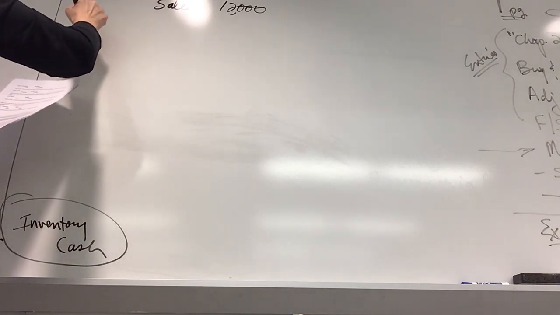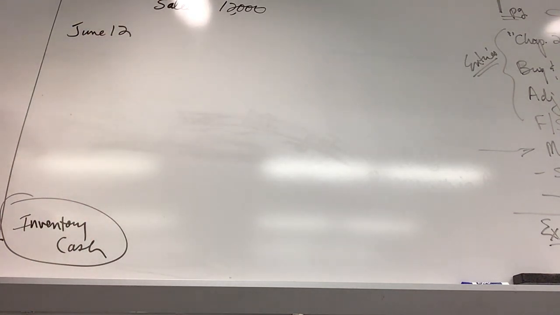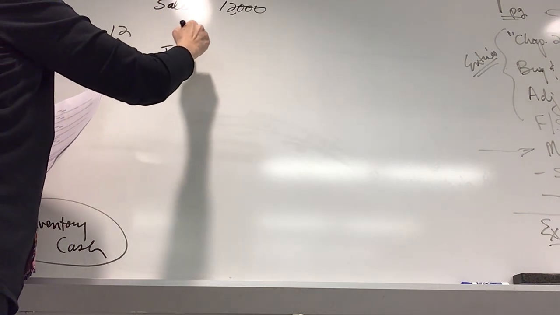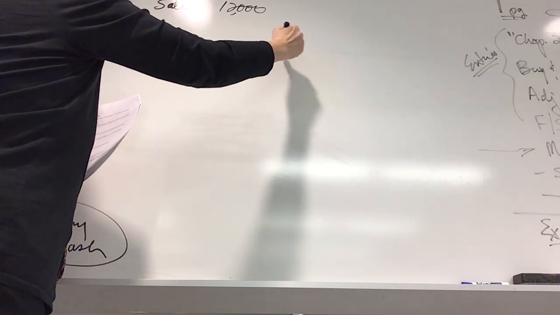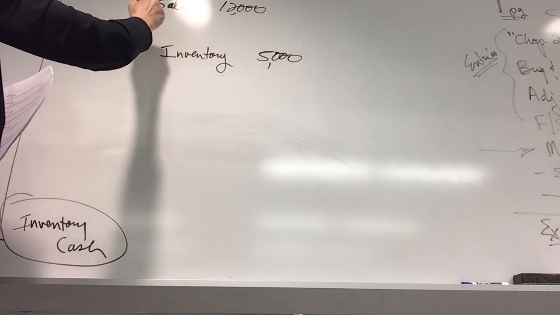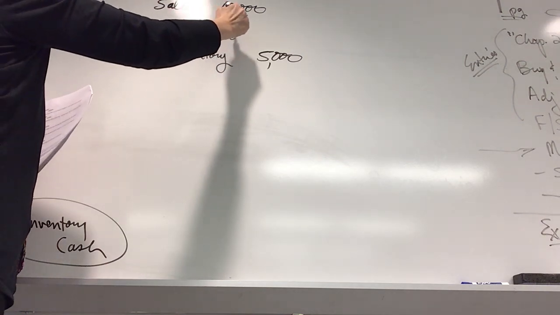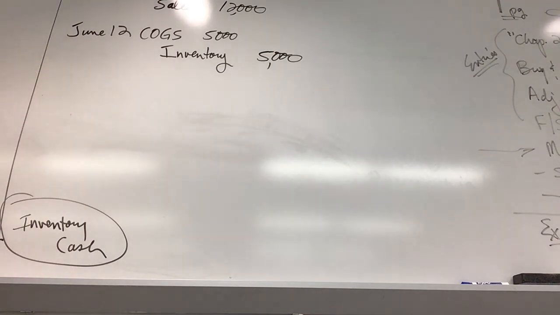So also on June 12th, we have to do the one where we record the cost of goods sold. Remember, the inventory went away. The inventory went to our customer. So we're taking the shoes off our shelves. That's why this is credited, and we're going to debit cost of goods sold. So again, think of this as inventory expense, but we don't call it inventory expense.